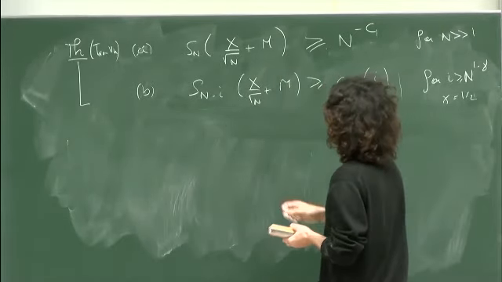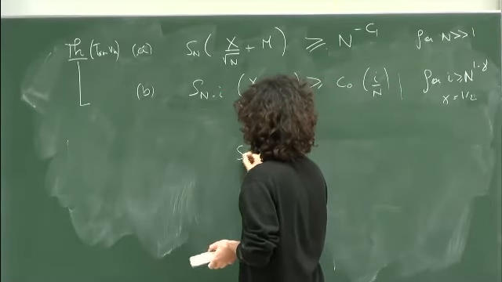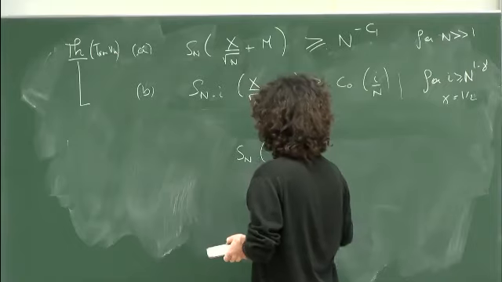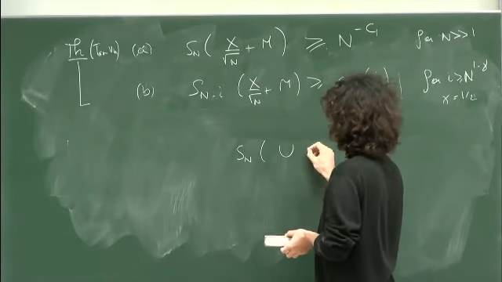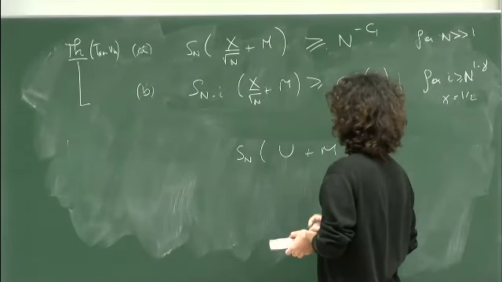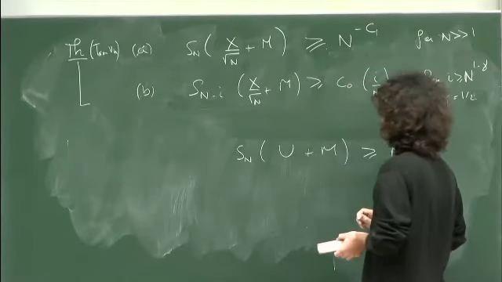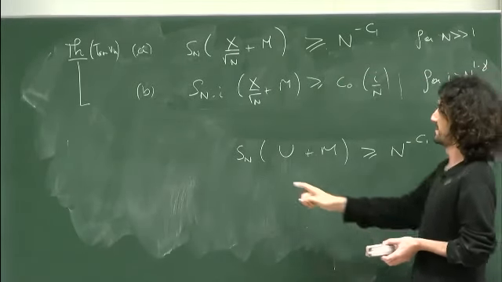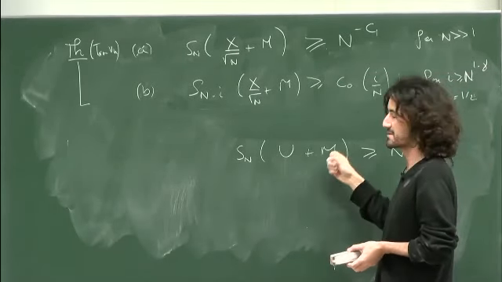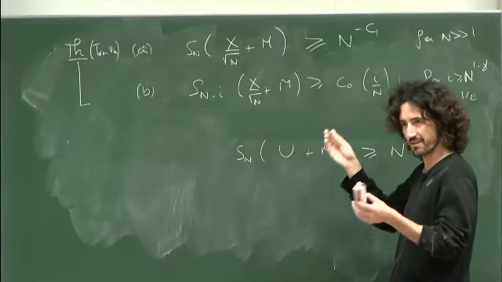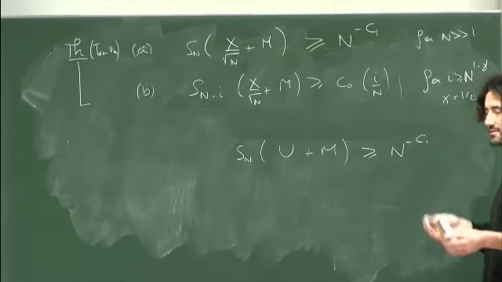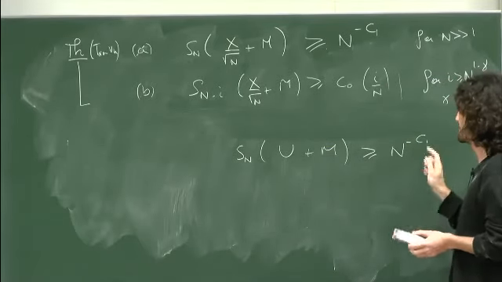Okay, so if you take an R-unitary matrix, it would be very nice if somebody could prove that with high probability, the smallest singular value of U plus a given deterministic matrix M, which is not too large, cannot be too small.